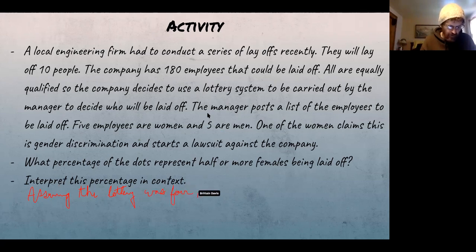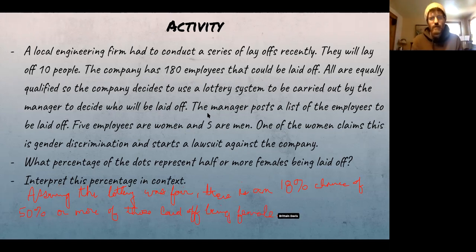We came up with about an 18% chance of 50% or more of those laid off being female.